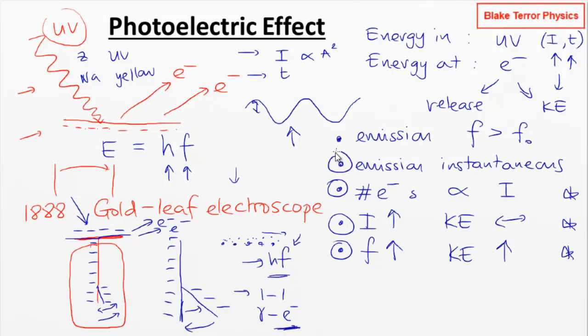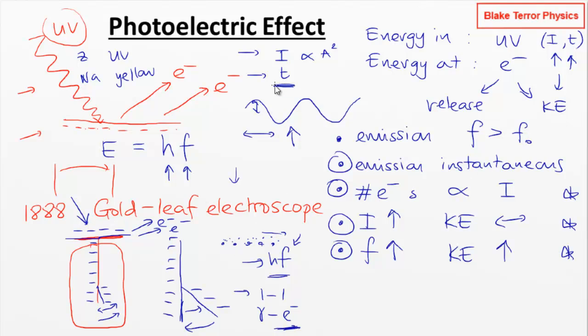It also explains here why emission is instantaneous. These photons can just turn up straight away. You flick the UV light on, and a photon then appears at the surface of the metal. It's immediate. We don't need a time build-up. We don't need an amount of wave to have been incident upon the surface in order to get the energy that we need.